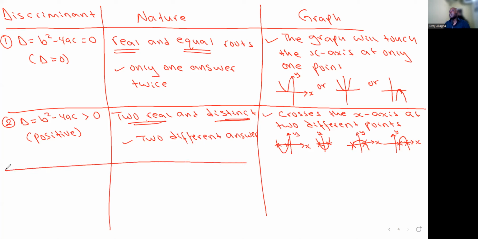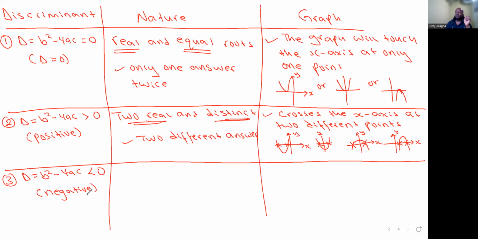Now, finally, the third one is what happens when the discriminant, which is b squared minus 4ac, is less than 0. When it's less than 0, that means when you solved it, your answer was what? Negative. Now, when it's negative, it means that there were no real roots, all right?